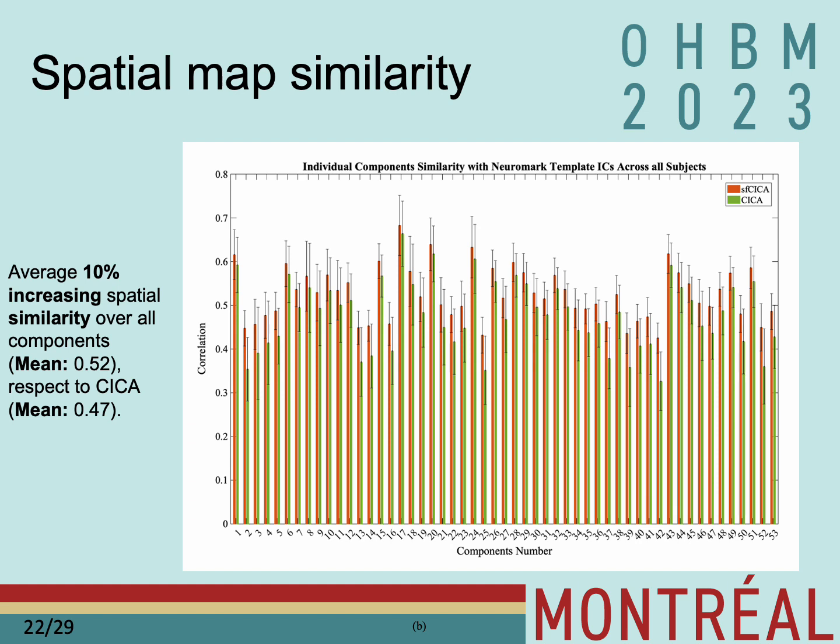In this figure, you see the different components. We have 53 components and the average correlation per component over all subjects. The red bar is our model, and the green bar is the result of the conventional constrained ICA. Overall, the similarity has been improved, which means more information was drawn from spatial maps in our proposed model.